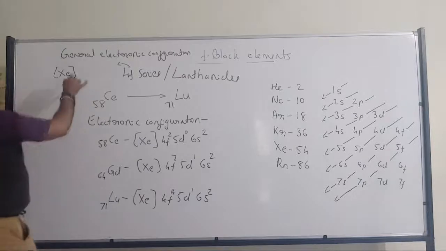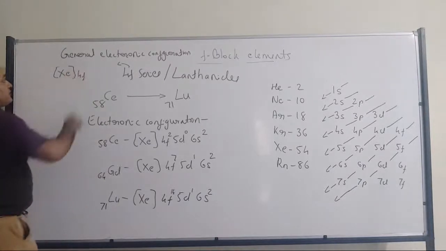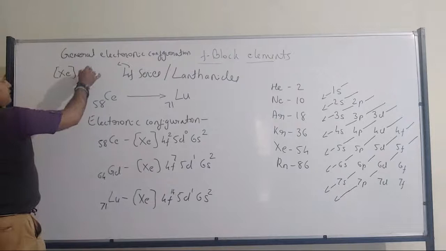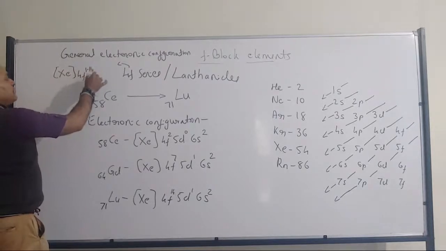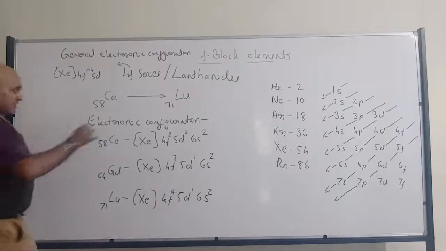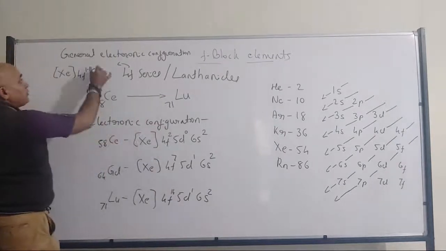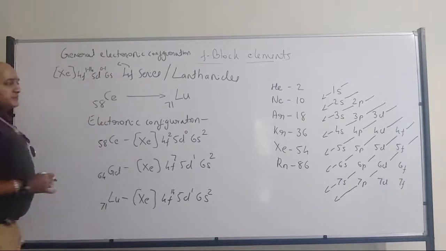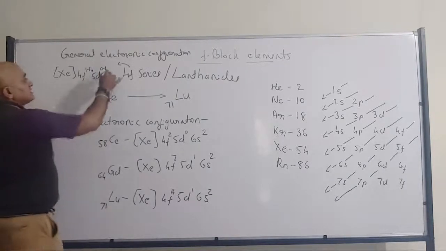Then it will be 4F, 0 to 14. Instead of 0, it will be 1 to 14. Then 5D, 0 to 1. Then 6S, it will be 6S2.